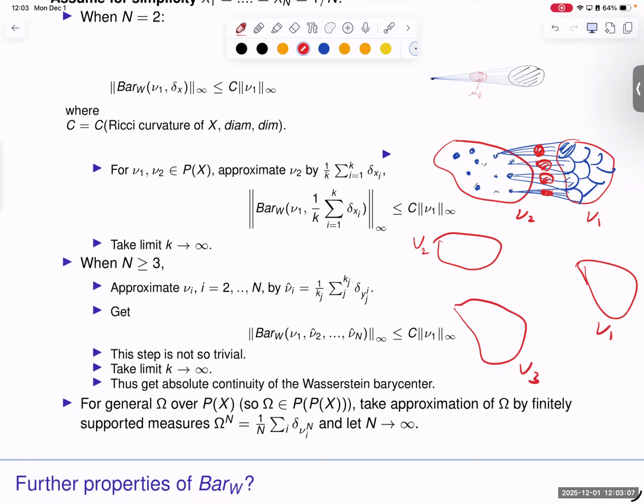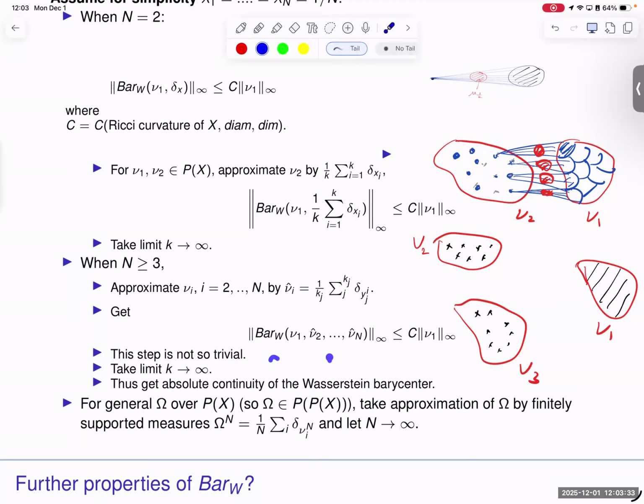Let's consider the three case. Then the same here: you approximate each of these measures by Diracs, while you can keep, let's say, one of them the same as before.